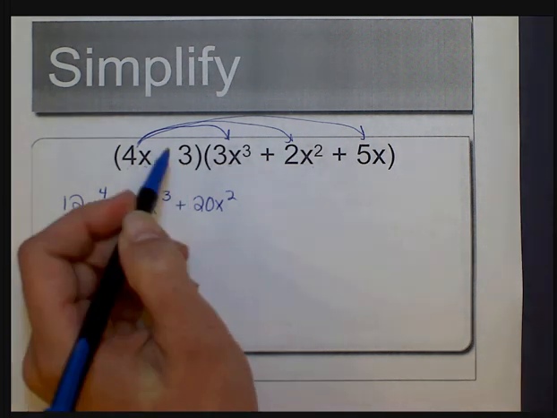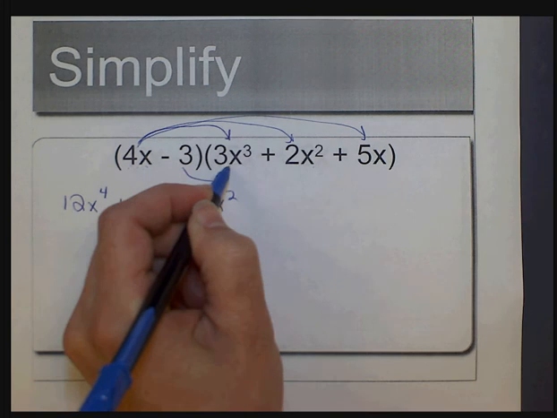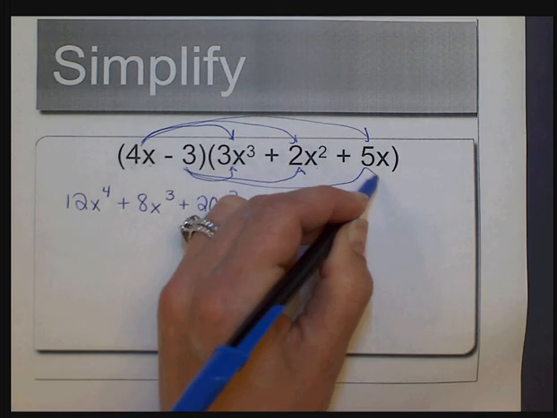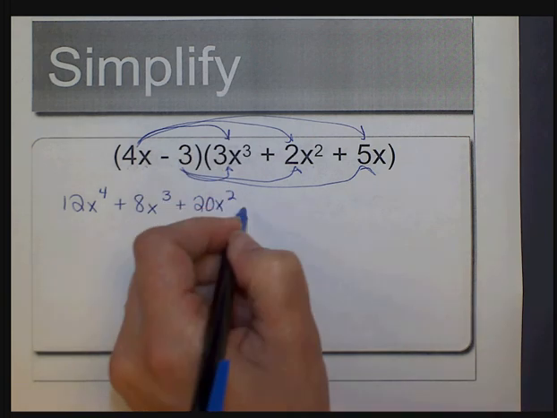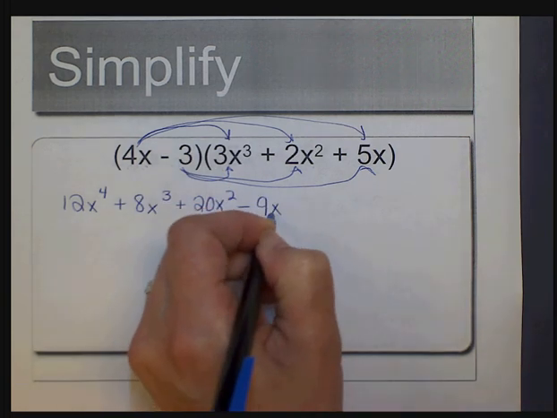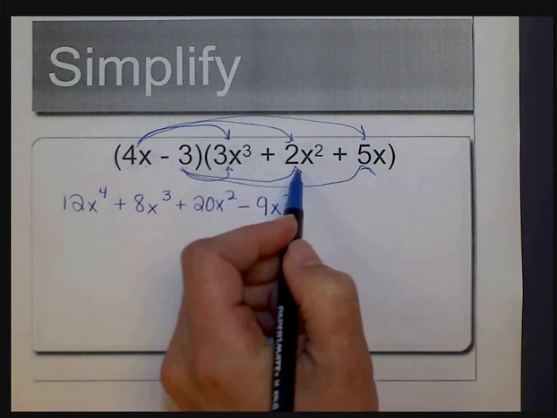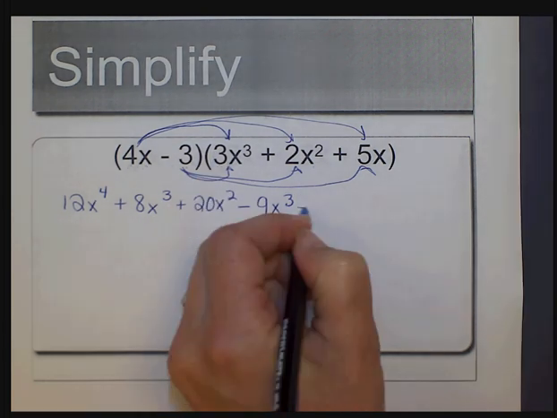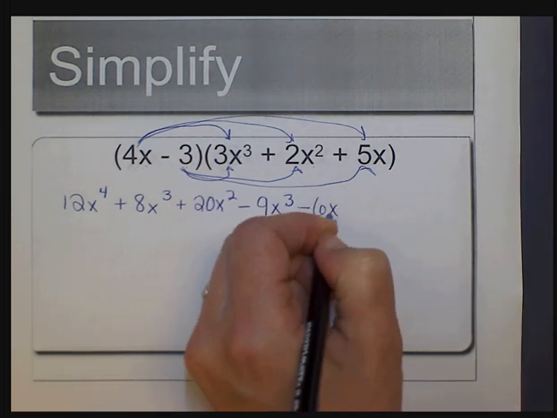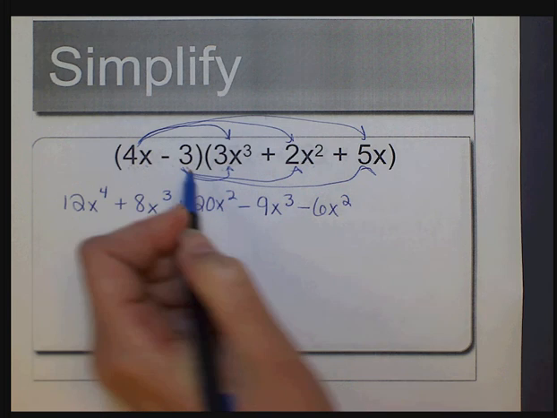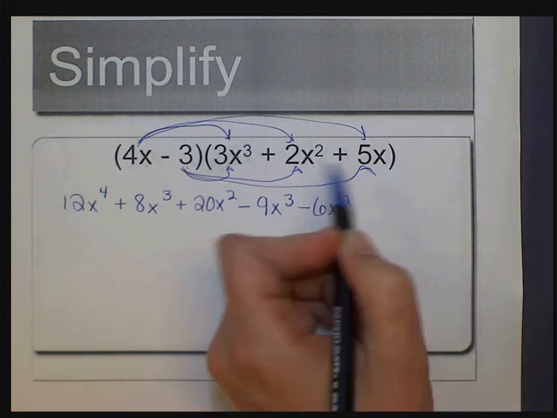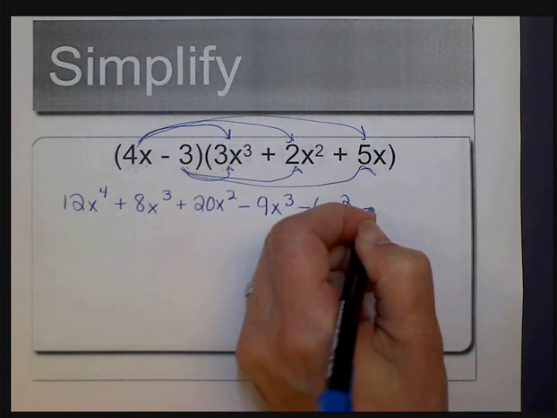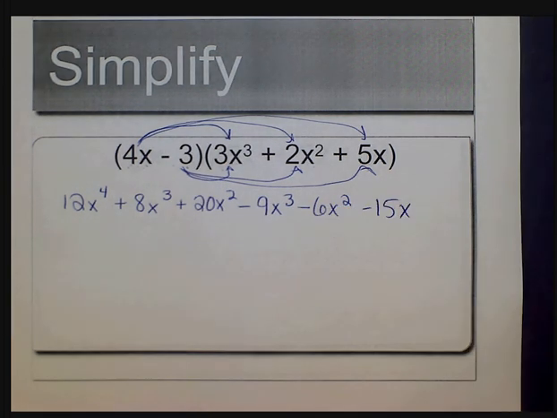Now I have to distribute the negative 3 to everything inside the trinomial. So negative 3 times 3x to the third gives me a negative 9x to the third. Negative 3 times 2x squared gives me a negative 6x squared. And negative 3 times 5x gives me a negative 15x.